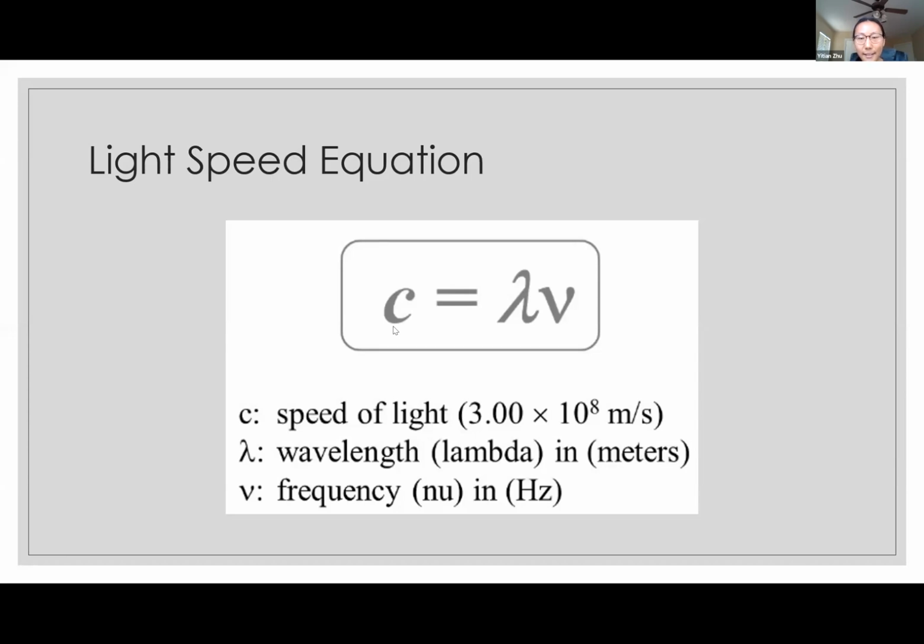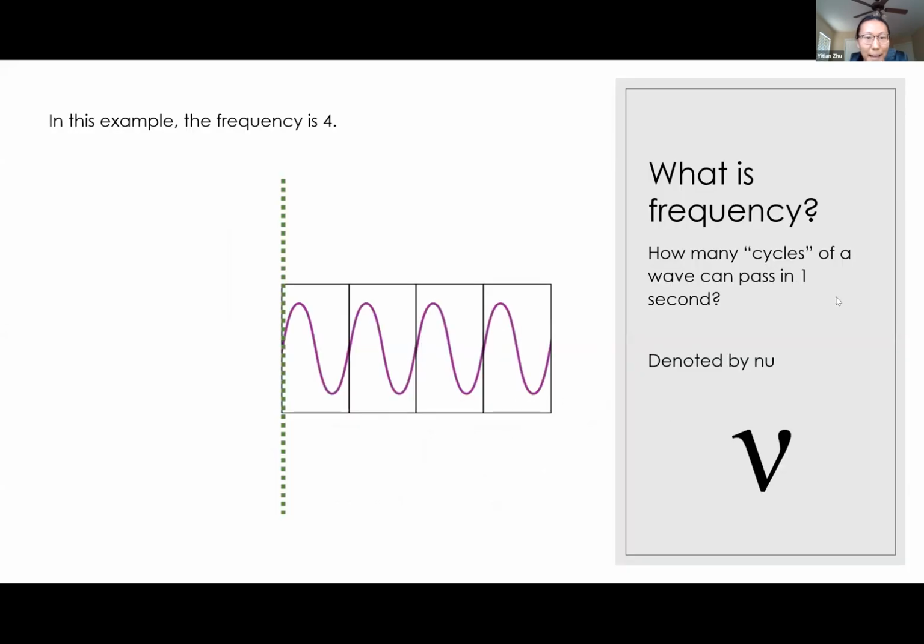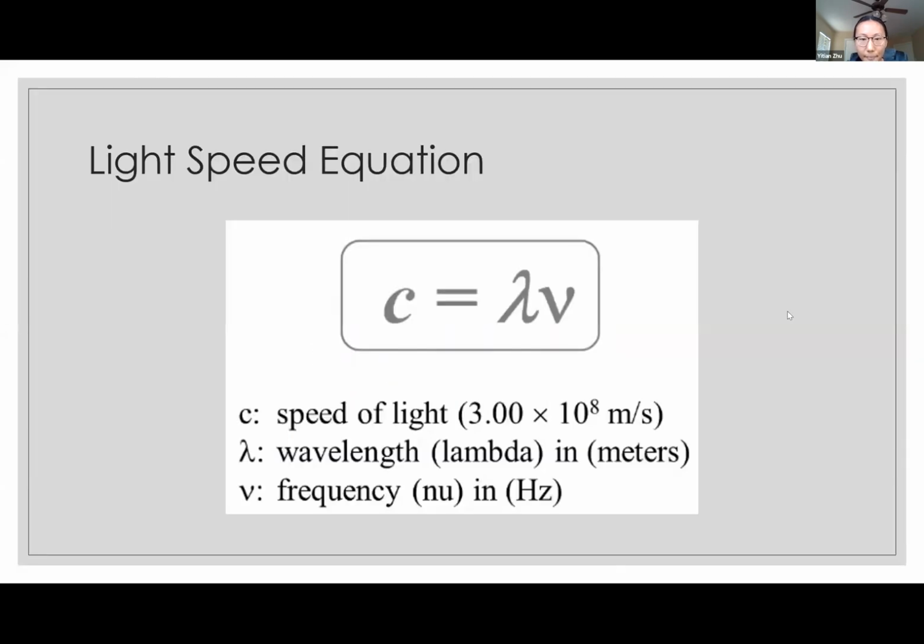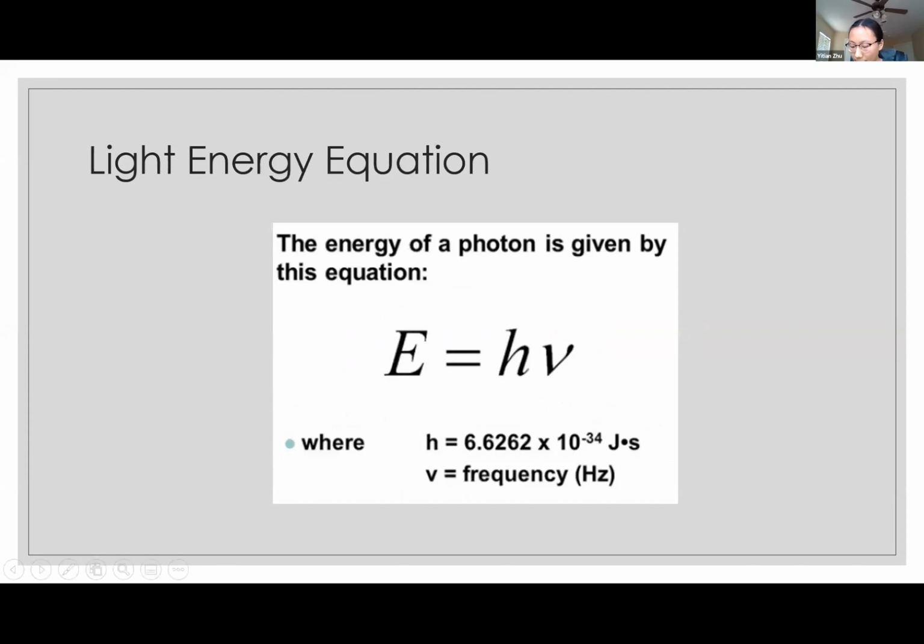Now we're going to talk about the light energy equation. Remember the photon that we talked about and how it was a little packet of light? This equation tells you how much energy is in that packet of light.